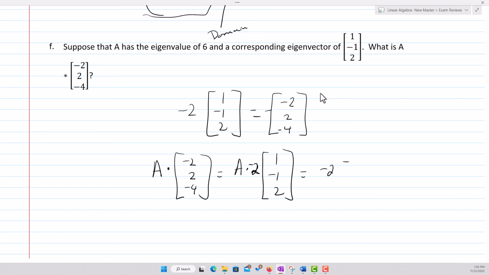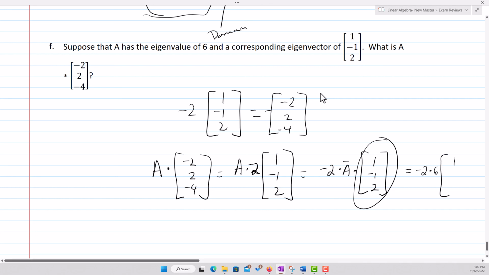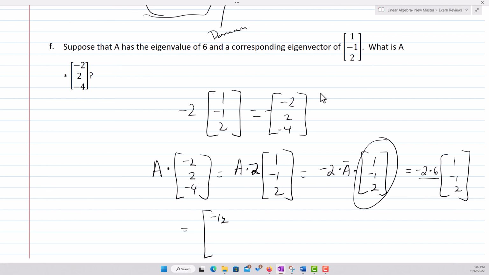And that equals -2 times A times (1, -1, 2). By definition, this is an eigenvector, and since it's an eigenvector, we're going to basically just stretch it by 6. So this is now going to equal -2 times 6 times (1, -1, 2), and that's -12 times the whole vector, which is equal to (-12, 12, -24).